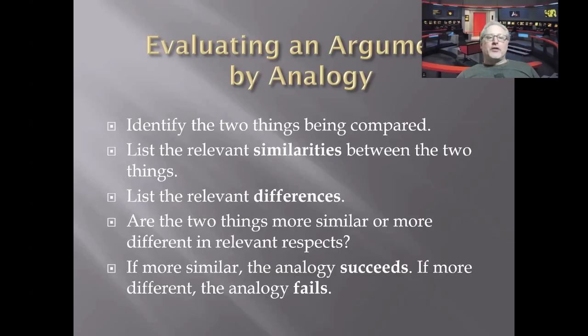This is how you evaluate an argument from analogy. First, you identify the two things being compared. Then you list the relevant similarities between the two things and the relevant differences, and you judge whether the things are more similar or more different in relevant respects. And that means respects relevant to the particular claim being made.